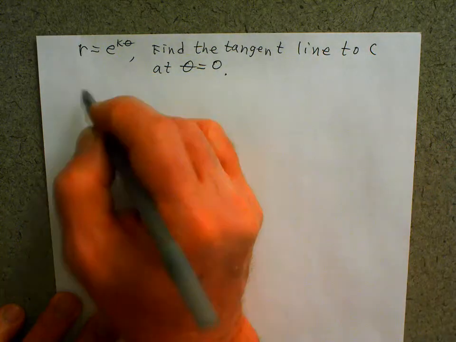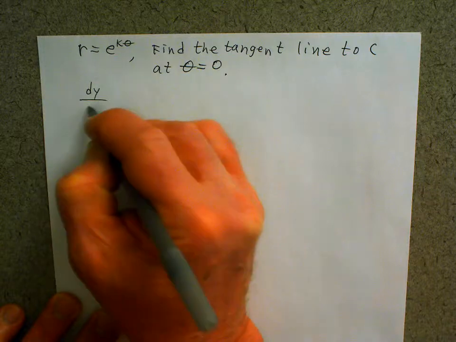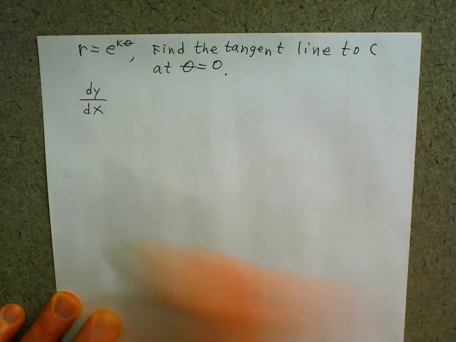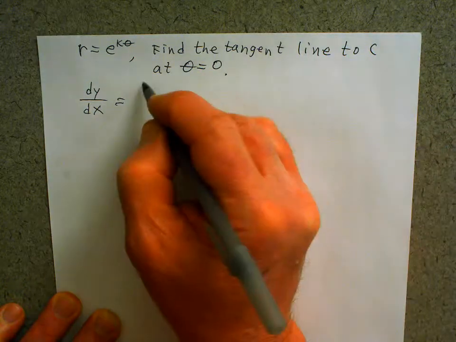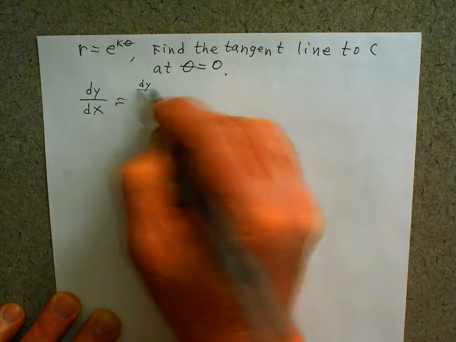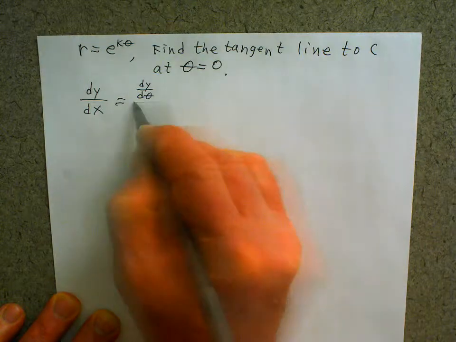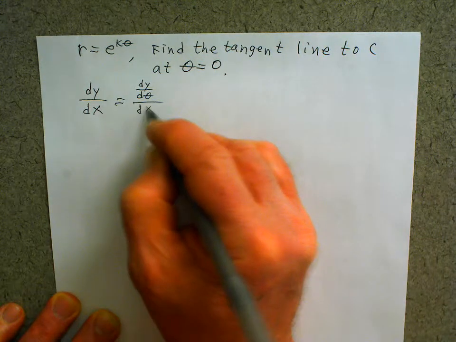Okay, so we need to find dy dx, and in the numerator that's dy d theta, and we divide that by dx d theta.